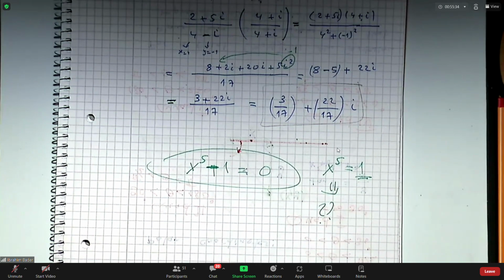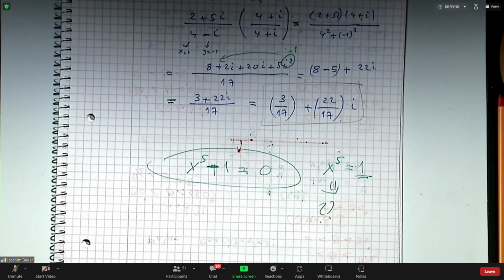Further, maybe at this stage I will tell you 2 things. The first thing: whenever you have complex roots, you will always have the conjugate. So it means that the complex roots always come in twins.